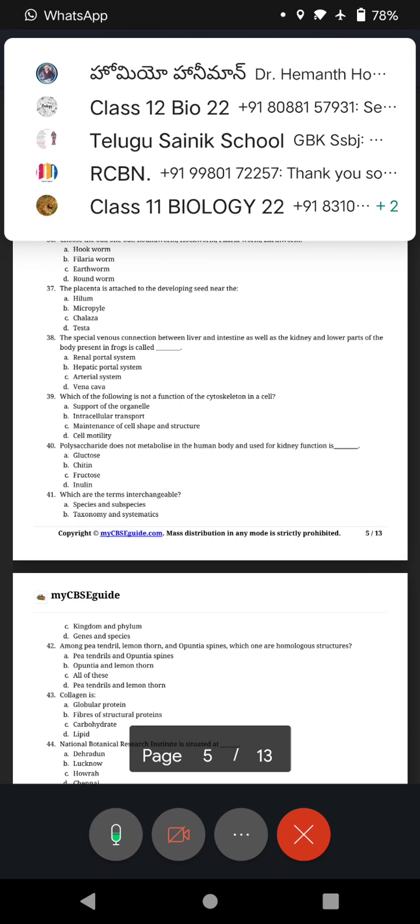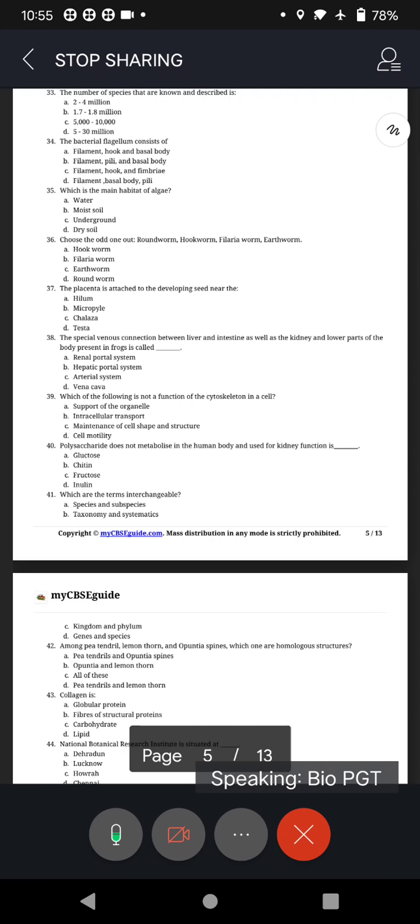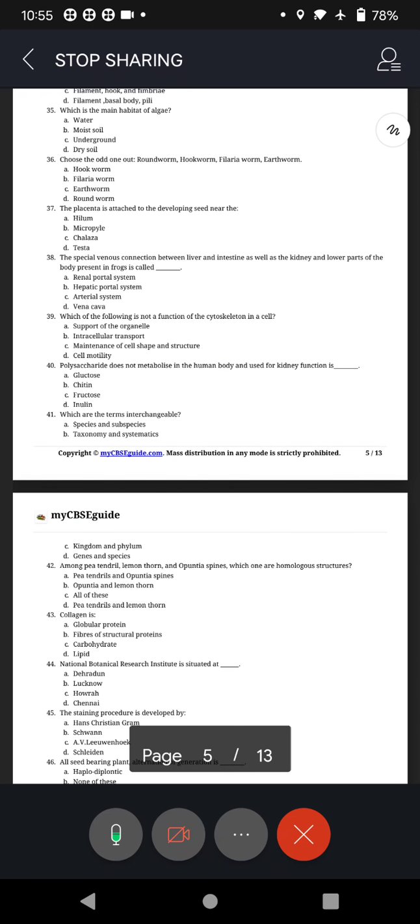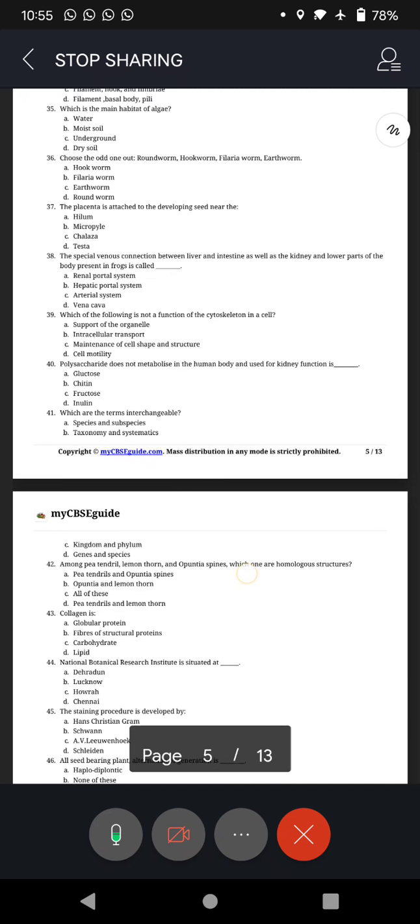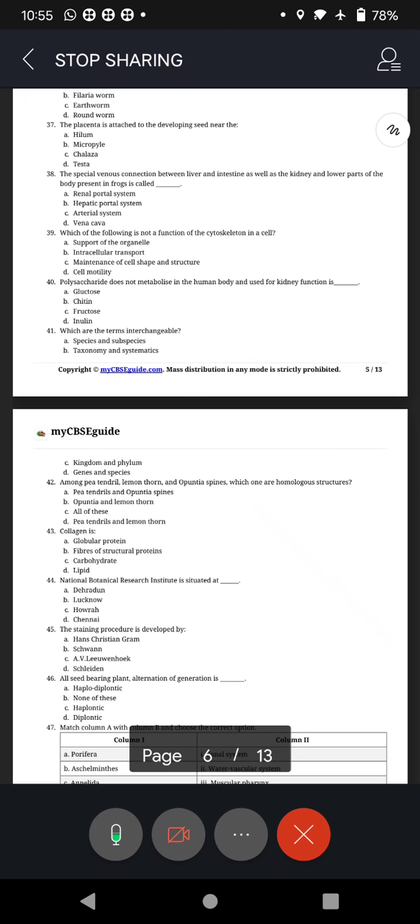Okay, so you got a clue. Question 41. Which are the terms interchangeable? A. Species and subspecies, B. taxonomy and systematics, C. kingdom and phylum, D. genes and species.